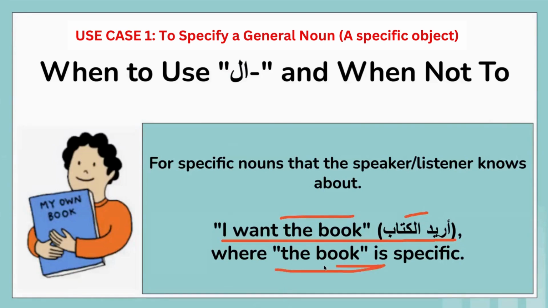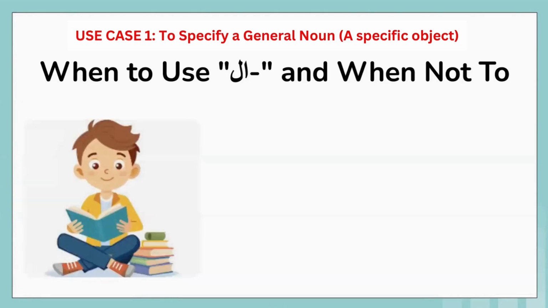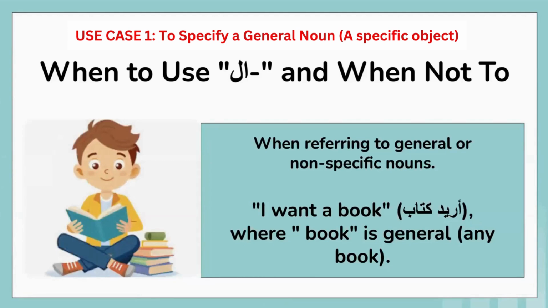So the book here is very specific. When we say it, it means the listener in front of us, to whom we are speaking, knows about that book. Both parties know about the book, so they are talking about a specific book. When we say it without the al, we are referring to it in general.